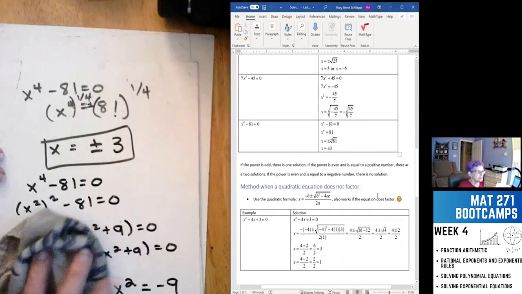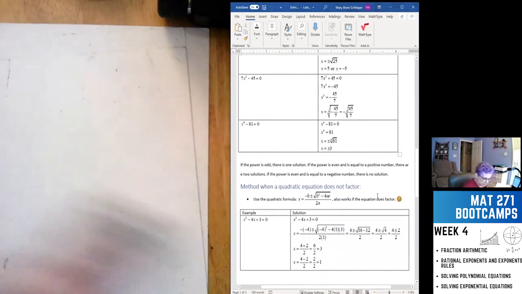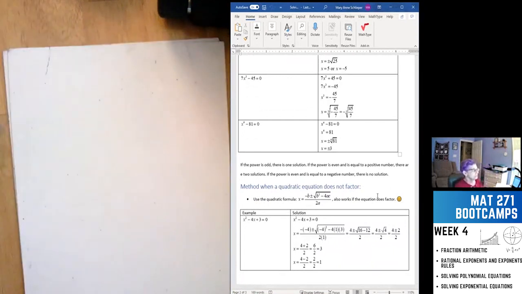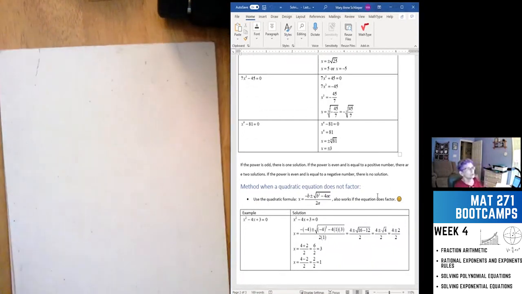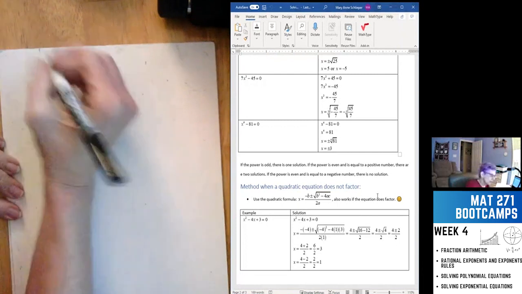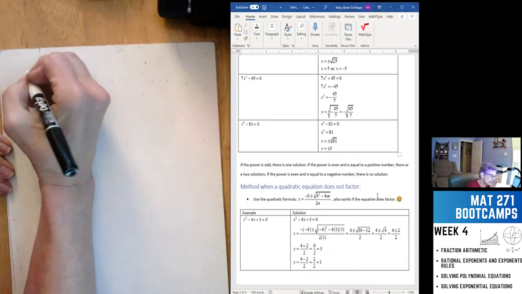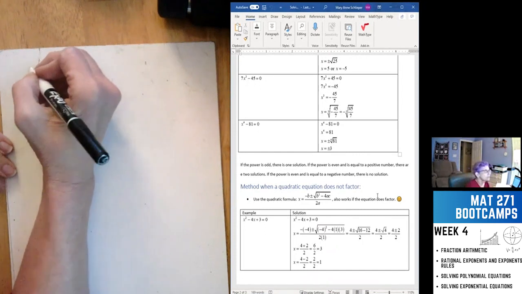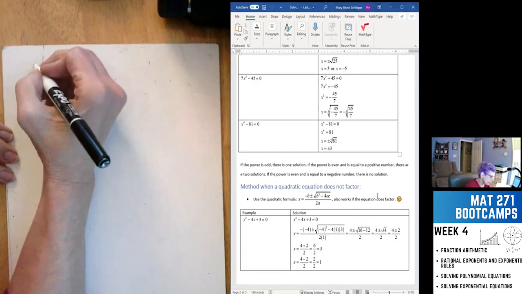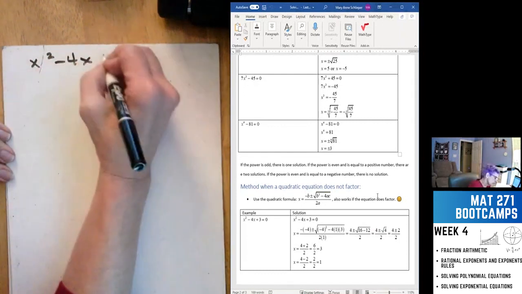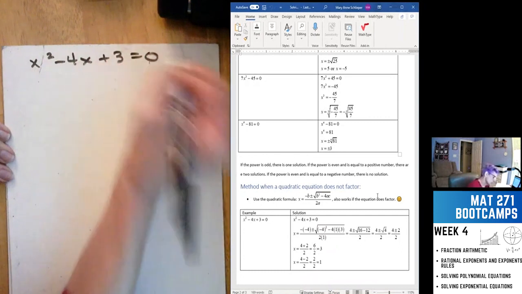And what do we do when the quadratic equation doesn't factor? Well, then we have to think way back and do the old familiar quadratic formula. Quadratic formula will always work if you don't like to factor or you just have a brain freeze and can't factor. x squared minus 4x plus 3 is equal to 0.